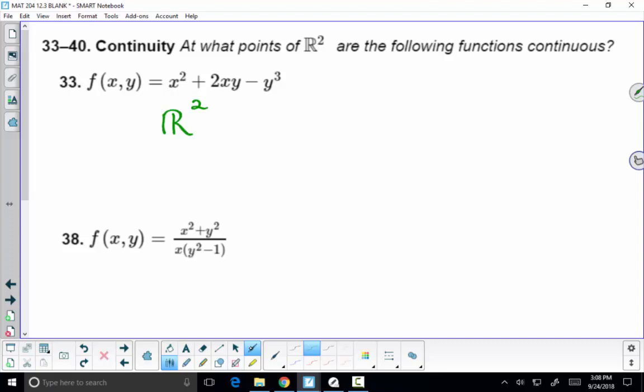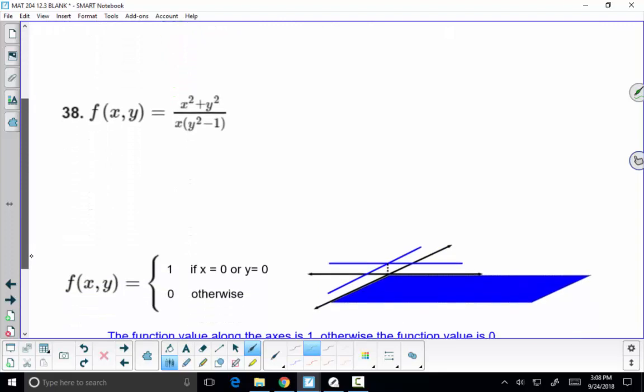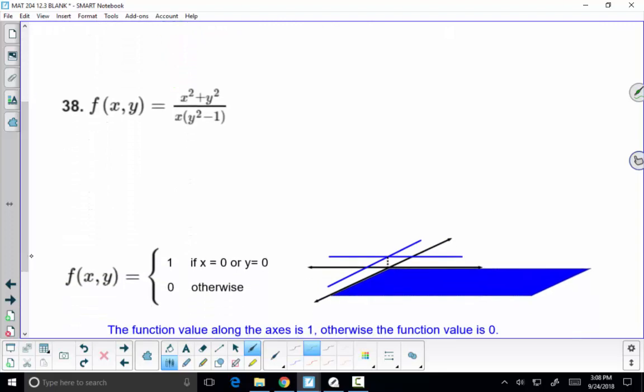And then down here, we look and say, oh, whoops, there's a problem. So this is the set of (x, y) such that x is not equal to 0 and y is not equal to plus or minus 1. It's going to be continuous everywhere else except those places.